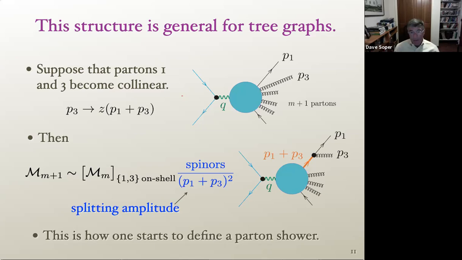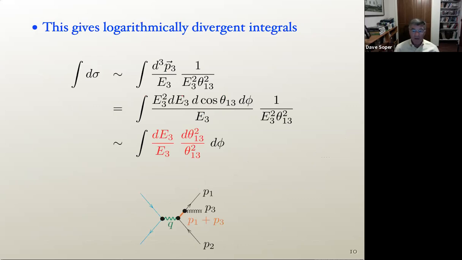And once I've got that, I just look at those diagrams, those are the diagrams with singularities. And 1 over (P1 plus P3) squared goes to 0 in either the soft or the collinear limit. And then you get to the picture that we were talking about on that previous slide. You get the dE3 over E3, d theta squared over theta squared.